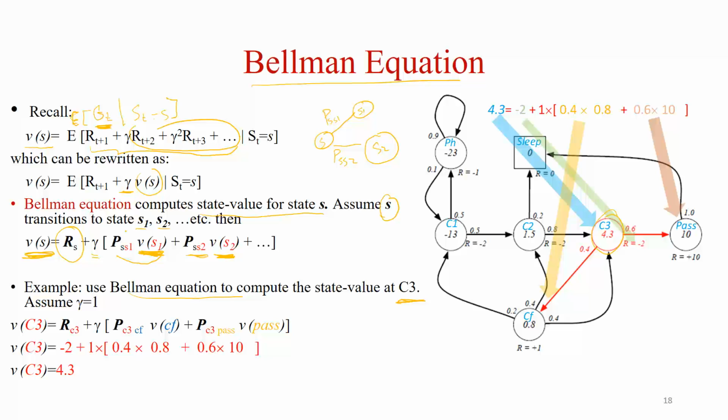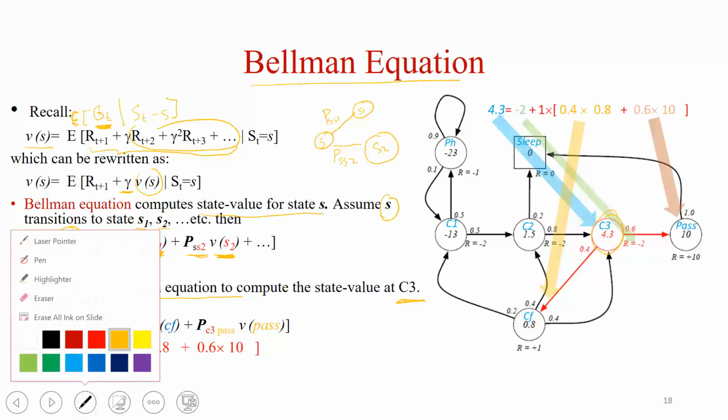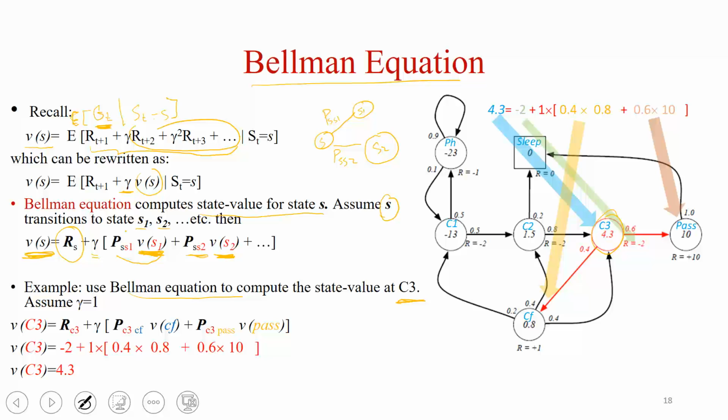For C3, if I want to find the state value, it is the immediate reward when I exit the state, which is -2, multiplied by the discount factor, which in this case I'm assuming equals 1, multiplied by the probability of going from C3 to CAFE, which is 0.4.